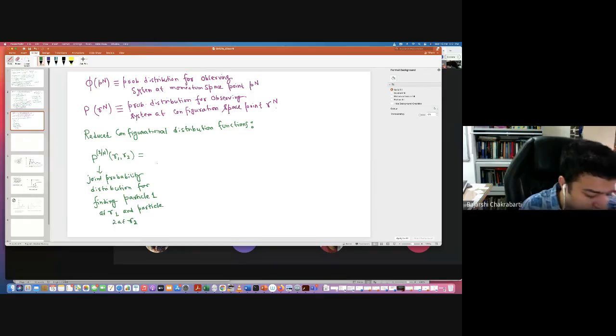What should I write on the right hand side? What should I write? Any idea?